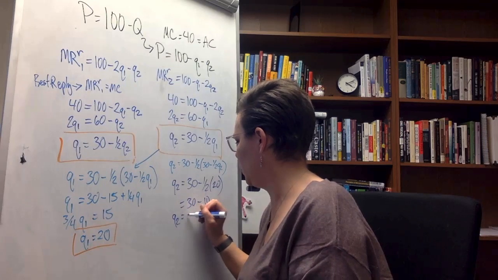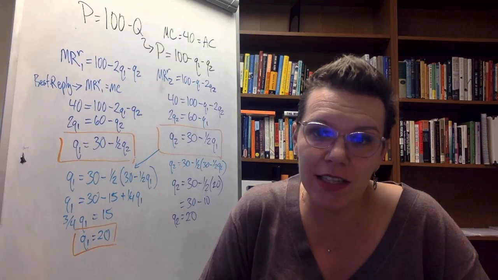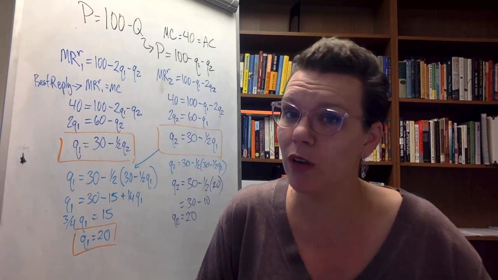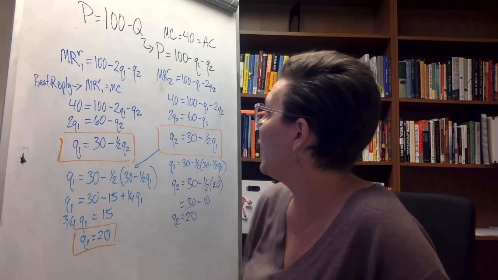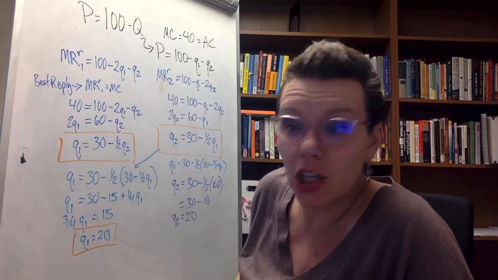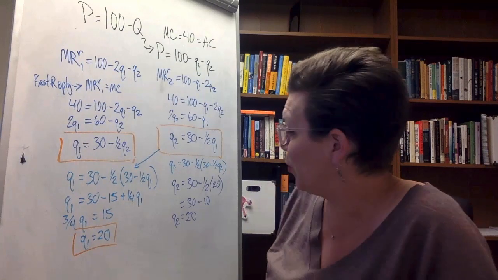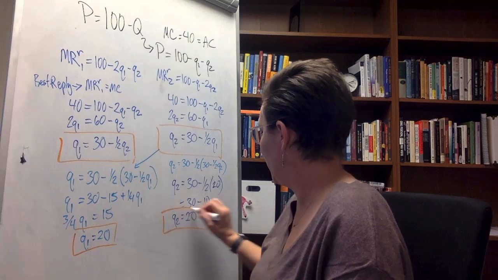Q2 equals 20. And they should have the same amount because they have the same marginal revenue curves, the same best reply curve, and the same cost function and cost curve. So that's your Cournot-Nash equilibrium. Q1 equal to 20, Q2 equal to 20.